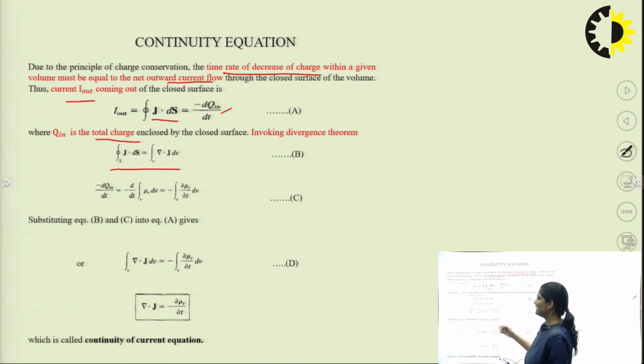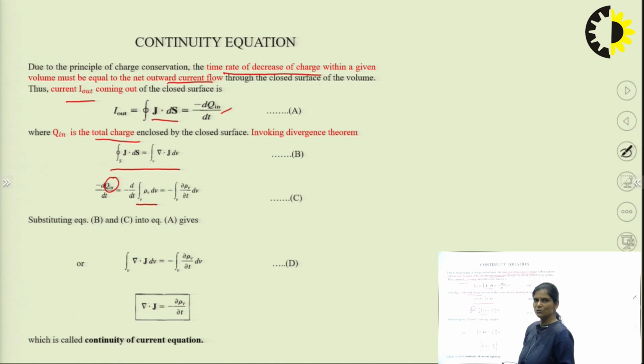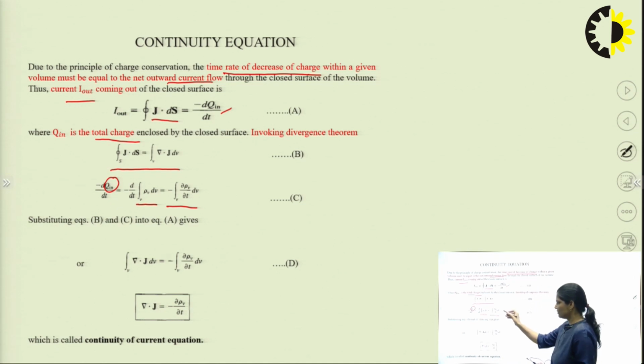You can apply the divergence theorem here, and I_out is equal to minus dQ_in by dt. So put here the value of Q_in: minus d by dt of Q_in is equal to the integration of rho_v dv, which is equal to minus the integration of del rho_v upon dt dv.